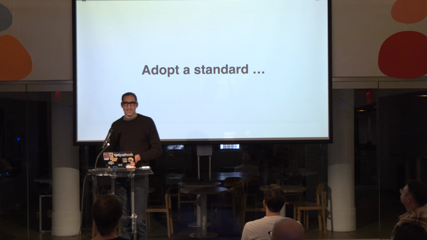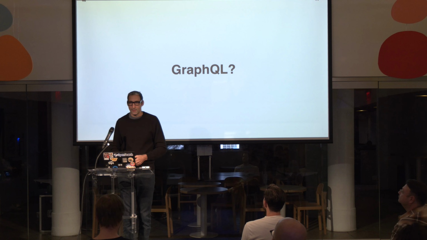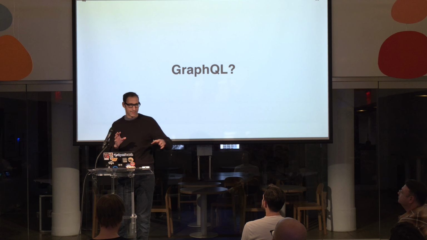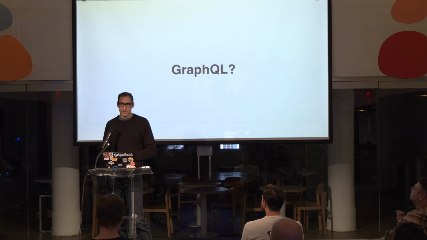To fix this kind of issue, it's recommended you adopt a standard, and one of the standards is the Hypermedia standard. I'll explain what it looks like. The more common standard adopted is GraphQL. People just roll out GraphQL, and it can stitch models from your database and return structured objects.